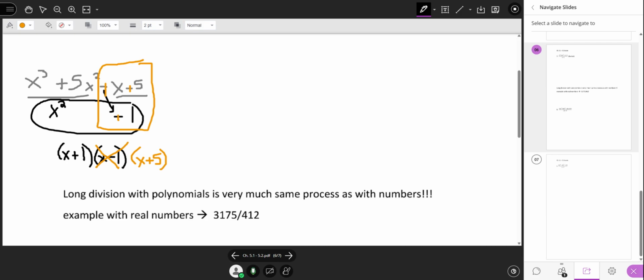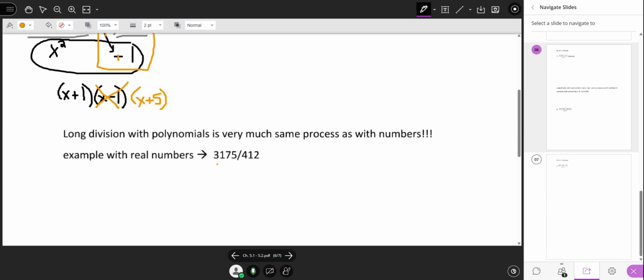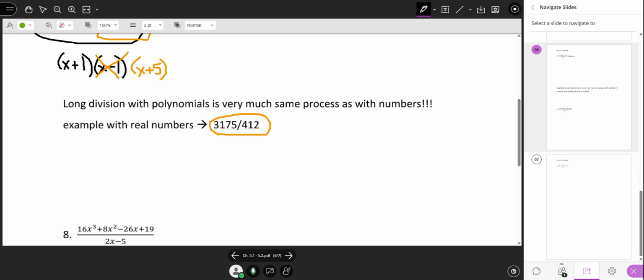So, the long division with numbers is a pain in the butt. And I think long division with polynomials, it's very similar, but I think it's easier. And I could go ahead and show you how to do long division with numbers, but if you need to know how to do it, video it on YouTube, okay?